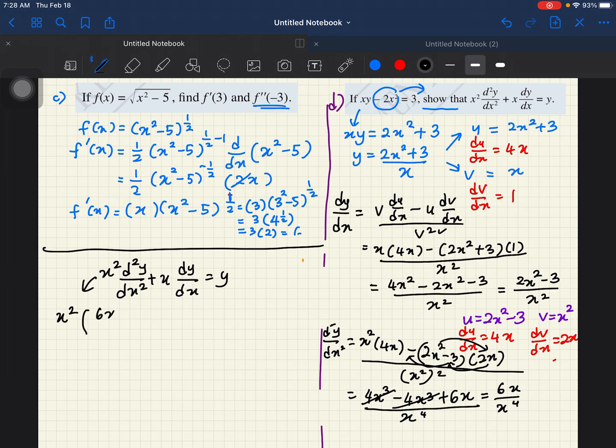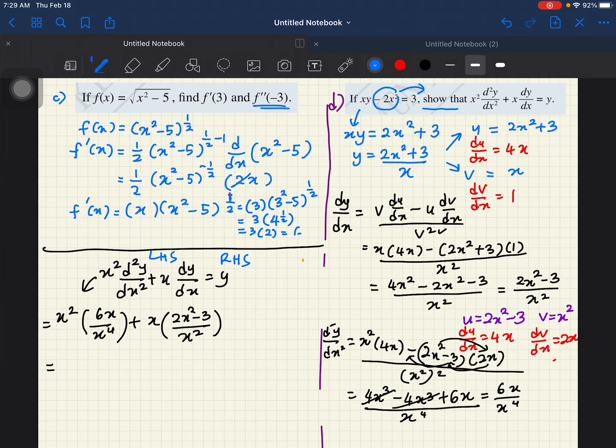Dia adalah 6x per x kuasa 4 tambah dengan x. Our dy over dx kita tadi equals to 2x kuasa 2 tolak 3 per x kuasa 2. Dia nak kita samakan dengan y kan, kita tengok. Betul tak? Left hand side kita mesti sama dengan right hand side.